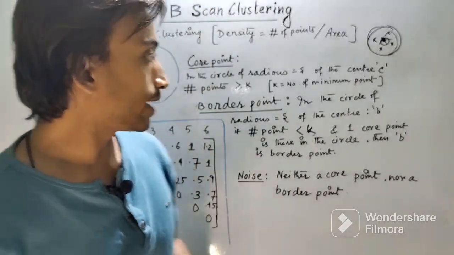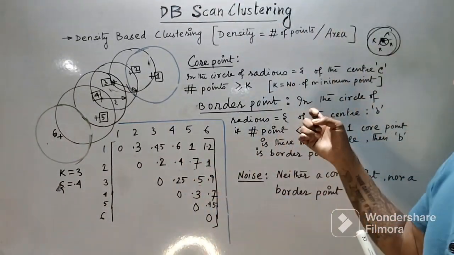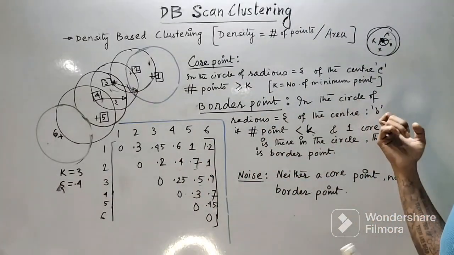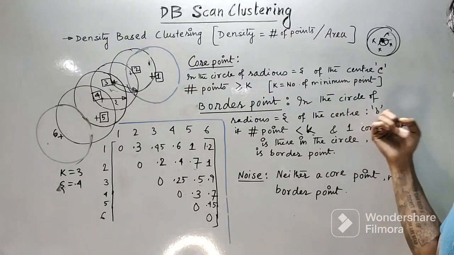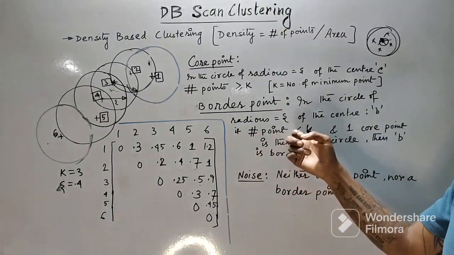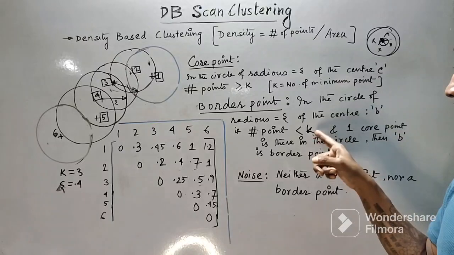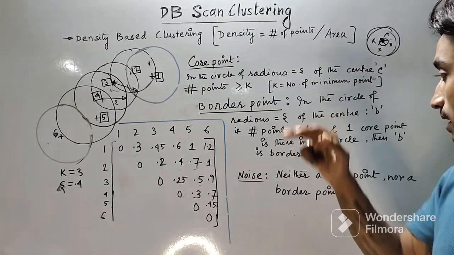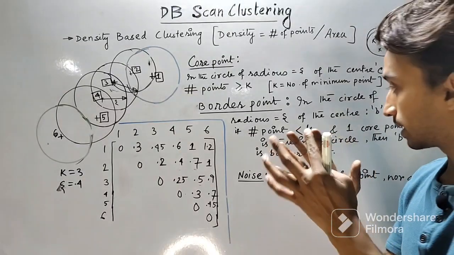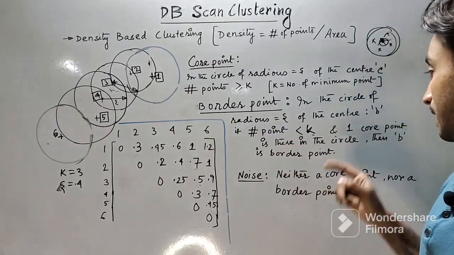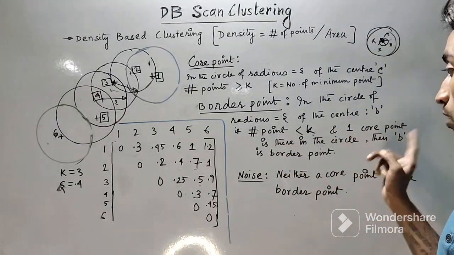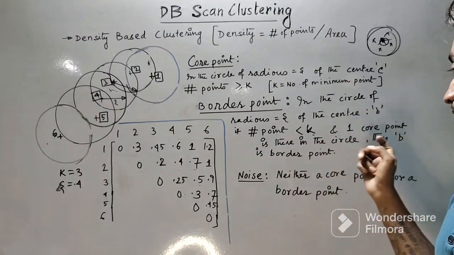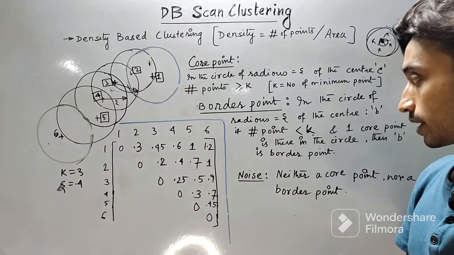When will it be a border point? In the circle of radius epsilon of the center B, let us suppose now the center is B, if the number of points is less than k, where k is the minimum number of points that should be in a circle, and there is one core point in the circle, then B is a border point.